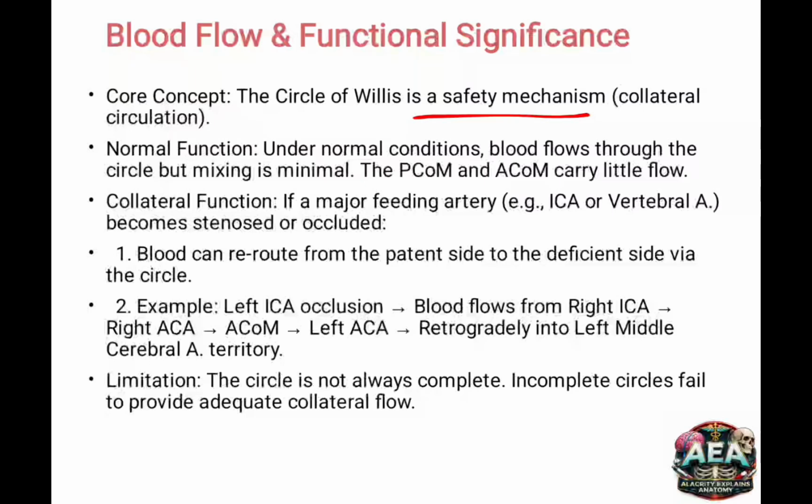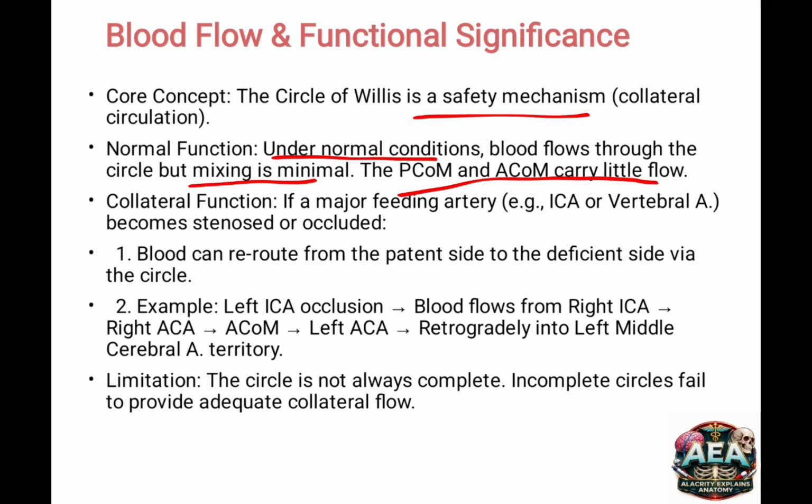Under normal conditions, blood flows through the circle, but there's minimal mixing of blood as it flows in the circle. The posterior communicating artery and the anterior communicating artery carry little flow.